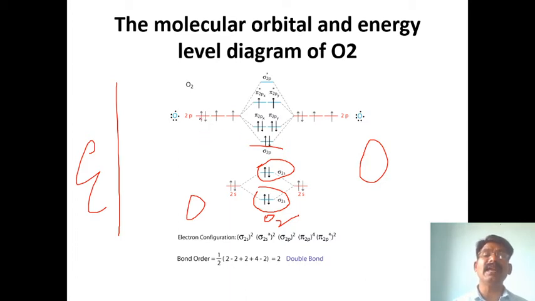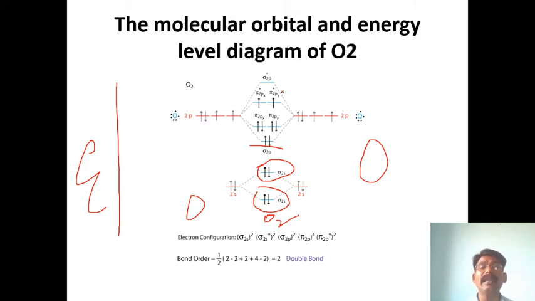And the last electron from the 2p level of one oxygen atom and 1 electron from the other oxygen atom are occupied at the anti-bonding level, that is pi star 2px and pi star 2py. The pi star 2px has 1 electron and pi star 2py also has 1 electron. So these 2 are anti-bonding electrons. In the 2p level of oxygen, 2 are anti-bonding and 6 are bonding electrons.